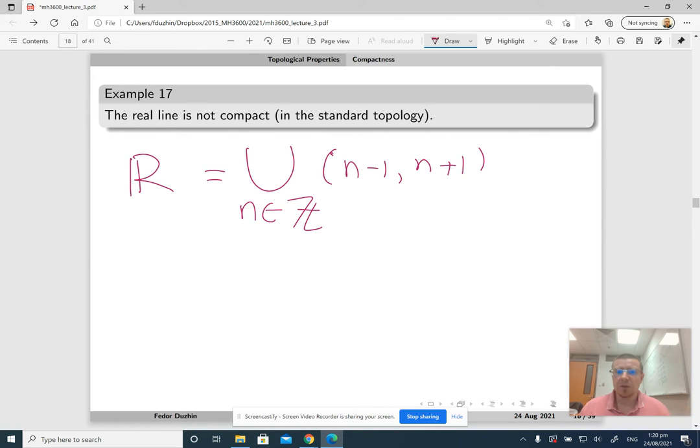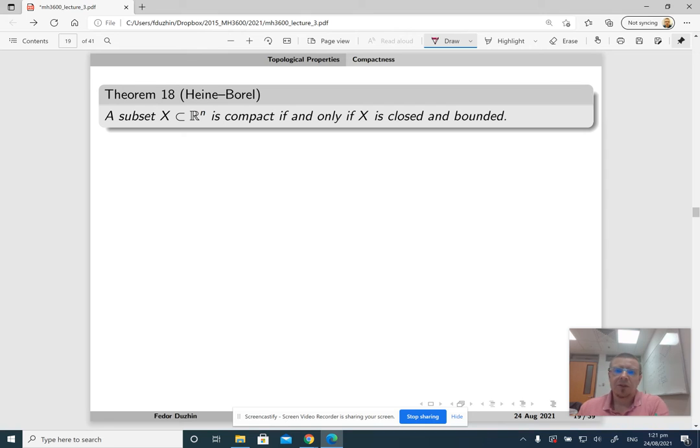Together they cover the whole real line, but any finitely many of them do not, because the length of every one of them is 2, and the total length of any finitely many is still finite, so they cannot cover the whole real line. And you know from real analysis that a subset of R^n is compact if and only if it is closed and bounded. Very nice theorem, it gives a complete description of compact sets for R^n.